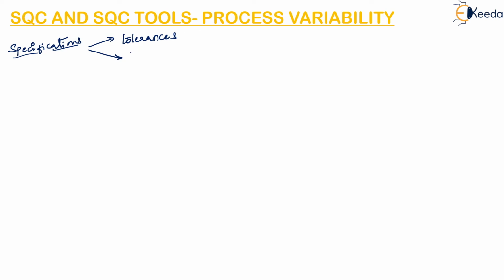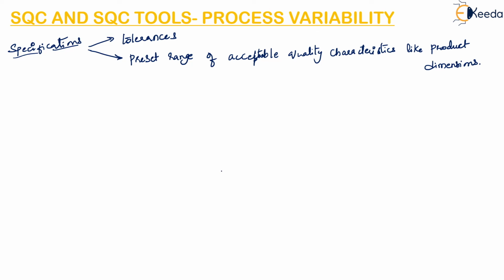They are the preset range of acceptable quality characteristics, such as the product dimensions. I have already told you these specifications are set based on the customer's requirement or need.